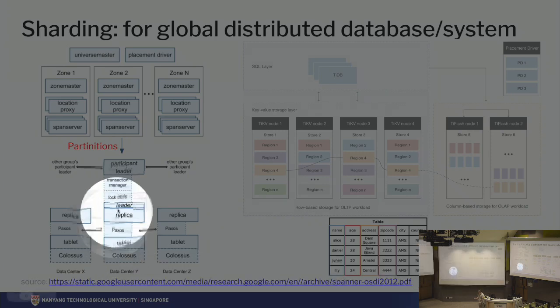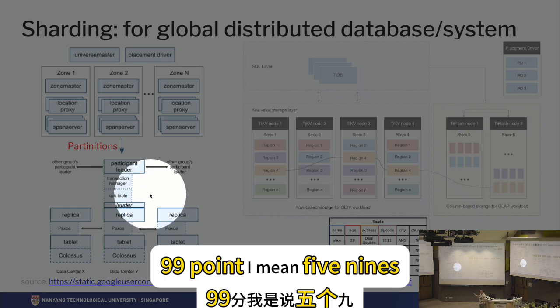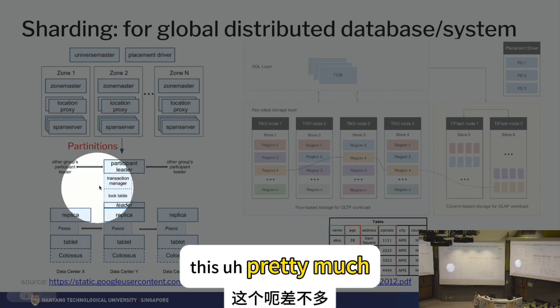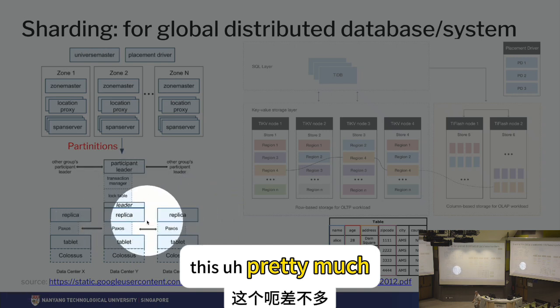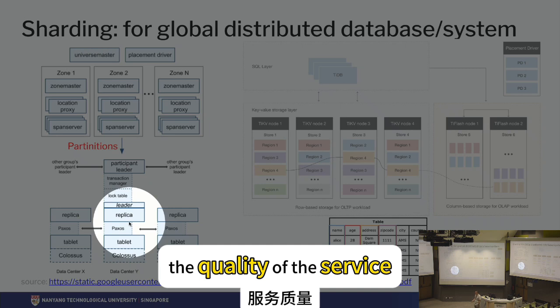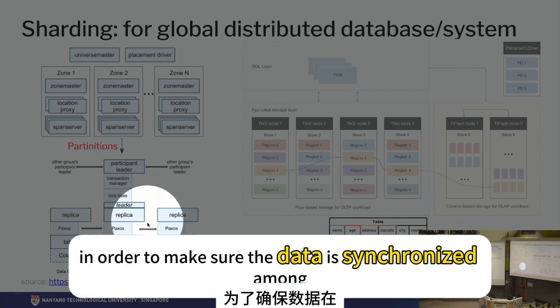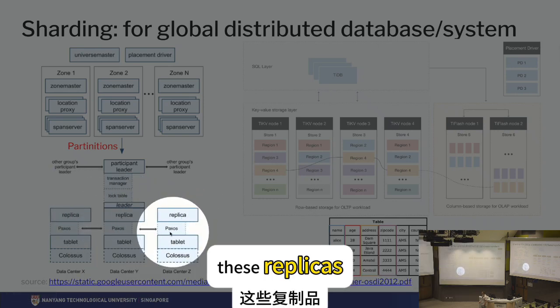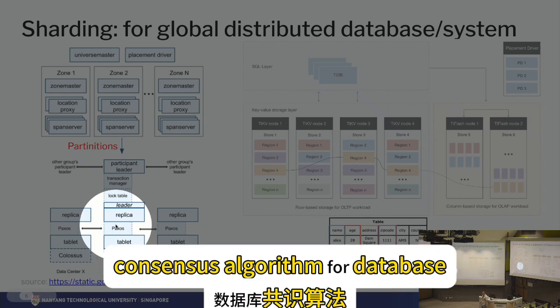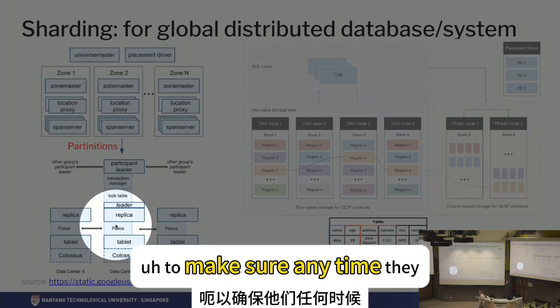To achieve 99.59% availability, this pretty much serves the purpose of the quality of the service. In order to make sure the data is synchronized among these replicas, you see they are using Paxos. It's one of the typical consensus algorithms for databases.